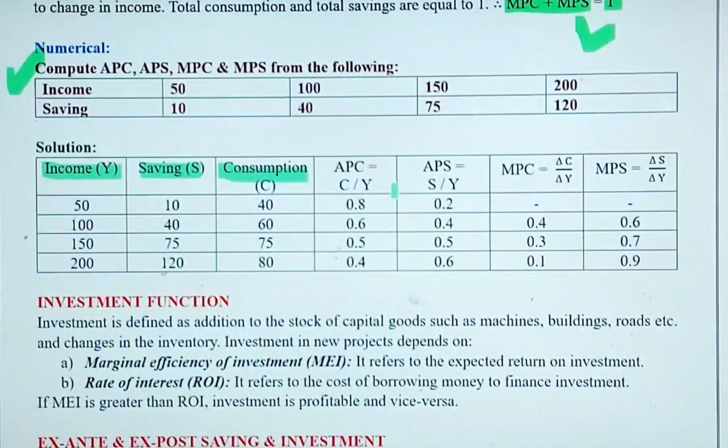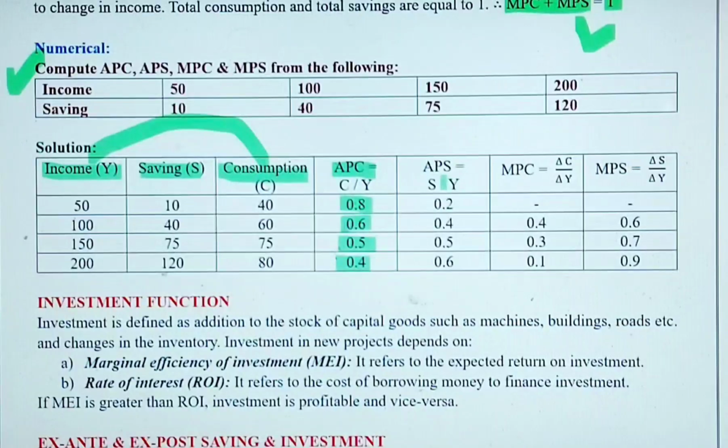Now to find APC, the average propensity to consume, you divide consumption by income. So 40 by 50, you get 0.8. 60 by 100, you get 0.6. 75 by 150, you get 0.5. 80 by 200, you get 0.4. This is how we calculate the average propensity to consume.